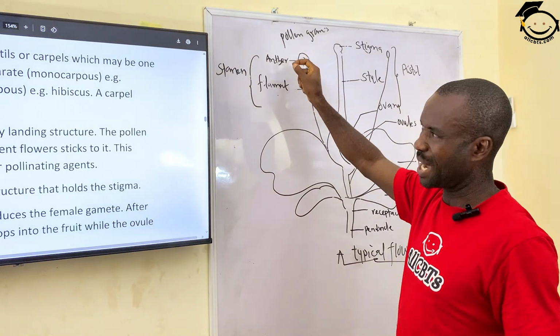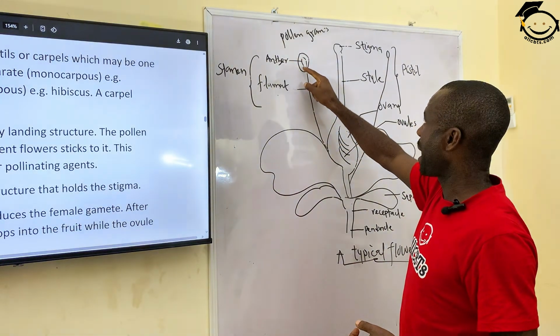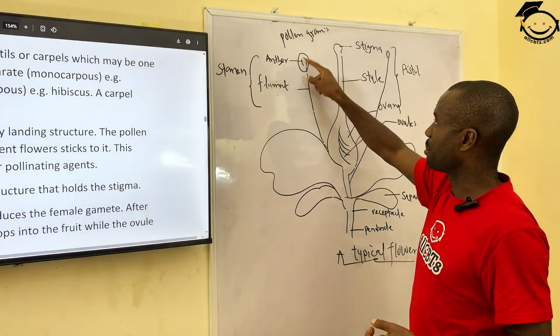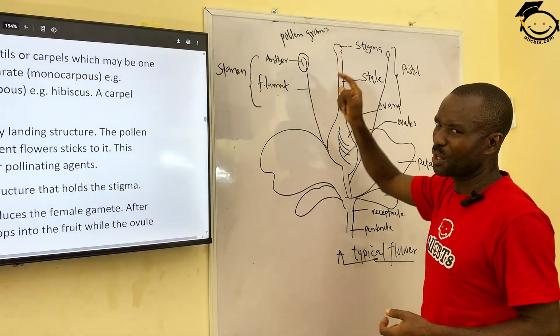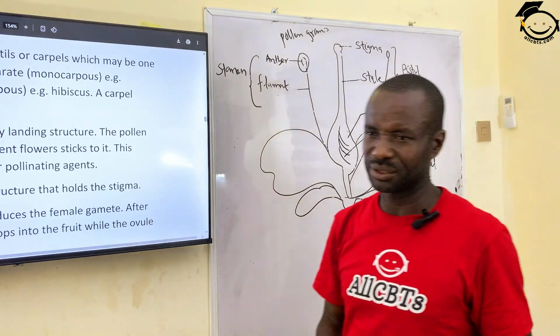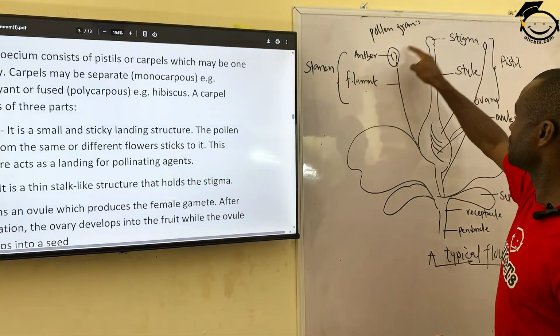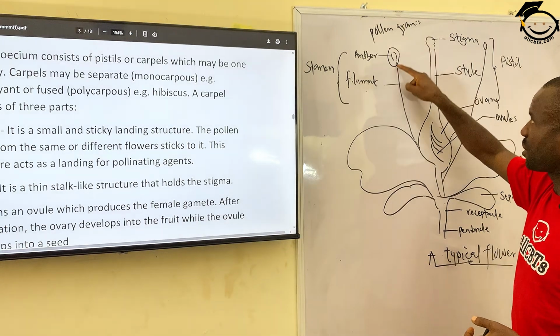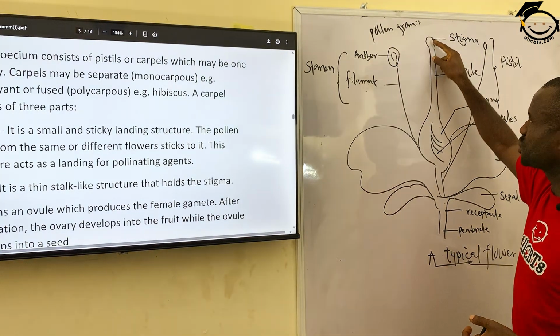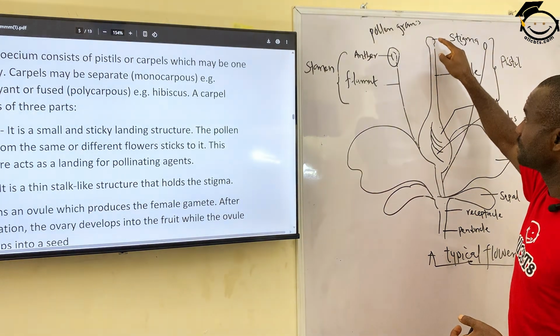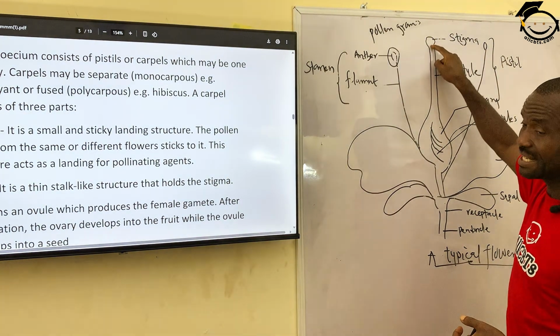The pollen grains are quite tiny. So while an insect is feeding on this nectar, it automatically moves this against it. So we call that insect pollination, meaning the insect is the one taking this to this, because of the attraction of the sugary part, or nectar, in this flower.